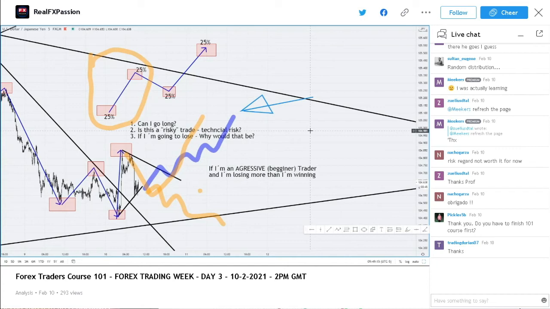We're going to learn this more in the future, in the advanced course, everybody. There is random distribution between winners and losers, and we're going to learn about what an edge is and how they make money from the edge. But we're far, far away from this kind of understanding, everybody.